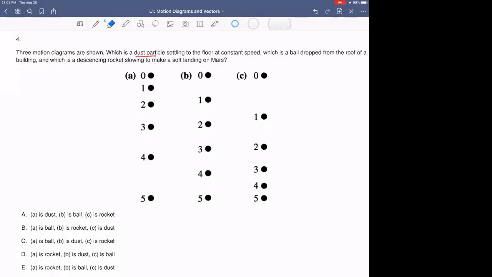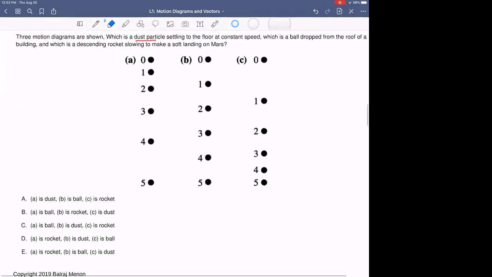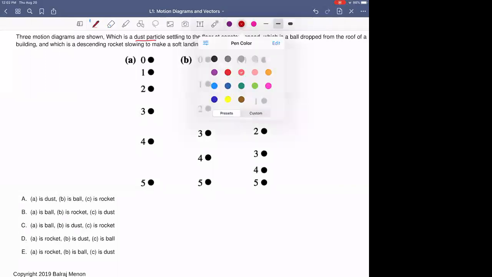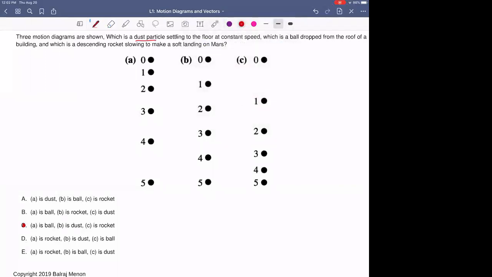Having said those 3, the motion diagrams corresponding to these objects are as follows. A corresponds to a ball which is traveling faster and faster as it moves downward. B corresponds to an object covering the same distance in equal time intervals, which means it must be the dust particle.